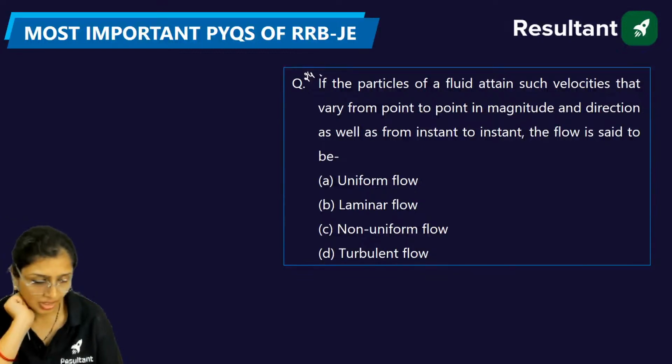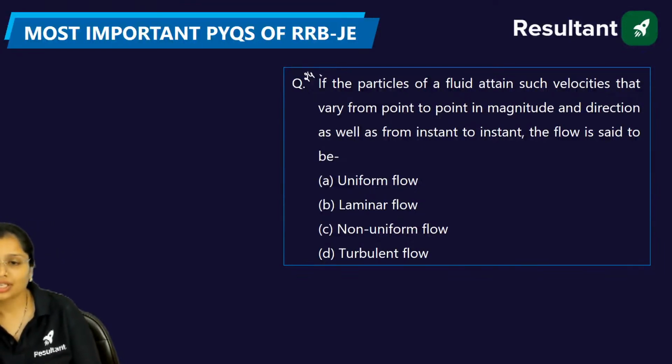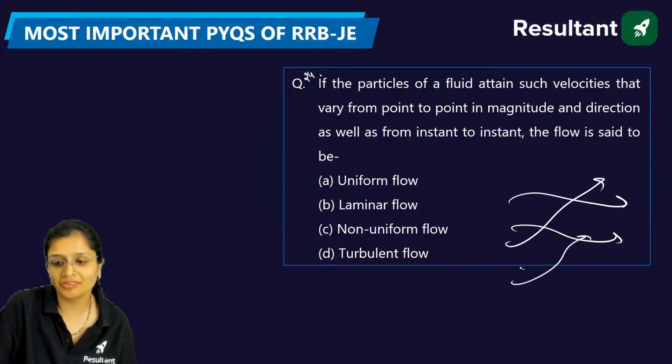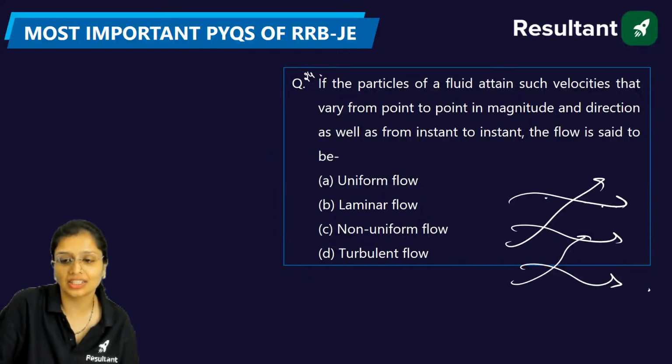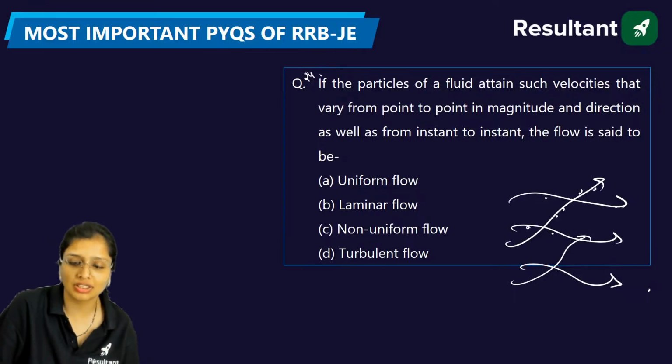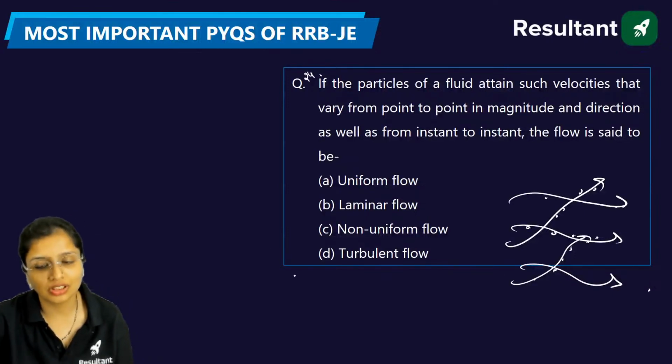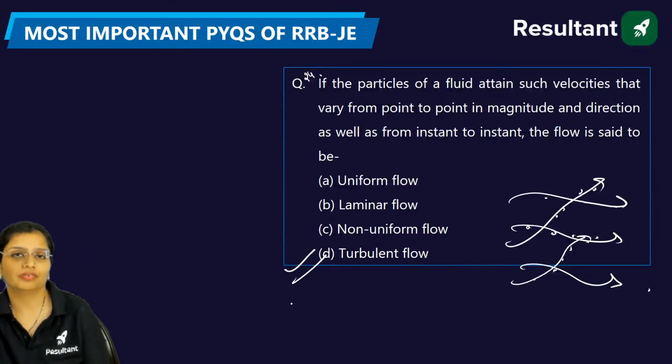Correct, Vishnu is correct. See, velocities varying from point to point in magnitude as well as direction, this is turbulent flow. When momentum transfer is taking place, the velocity will vary in magnitude as well as direction. So this will be turbulent flow.